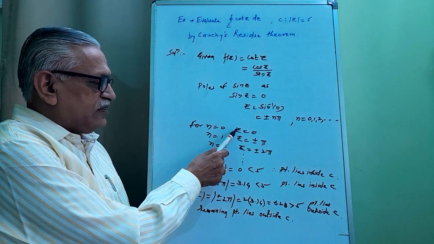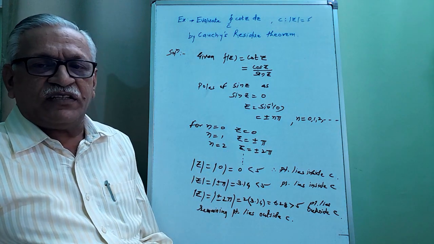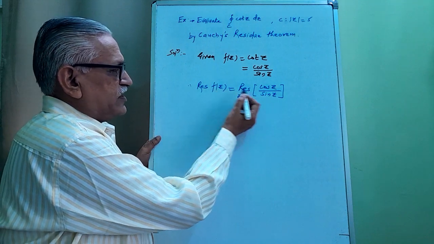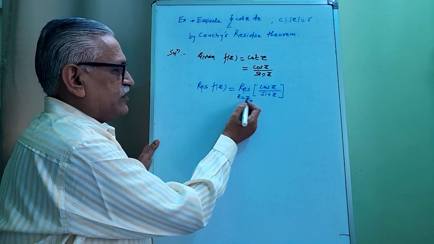This means we require to find the residue at the first pole, the second pole and the third pole. The residue of this function f of z is the residue of cos z upon sin z at point z is equal to z0.